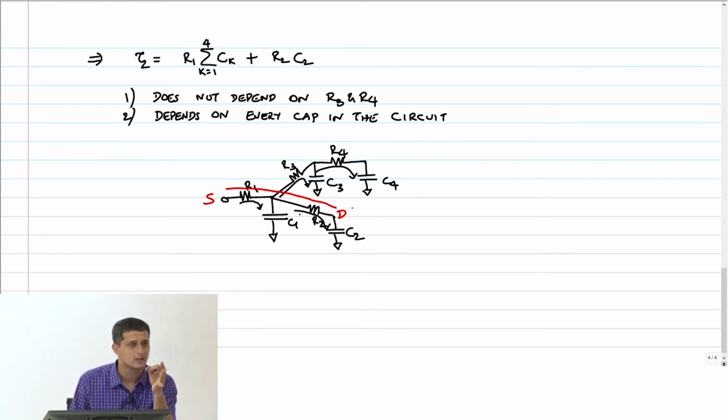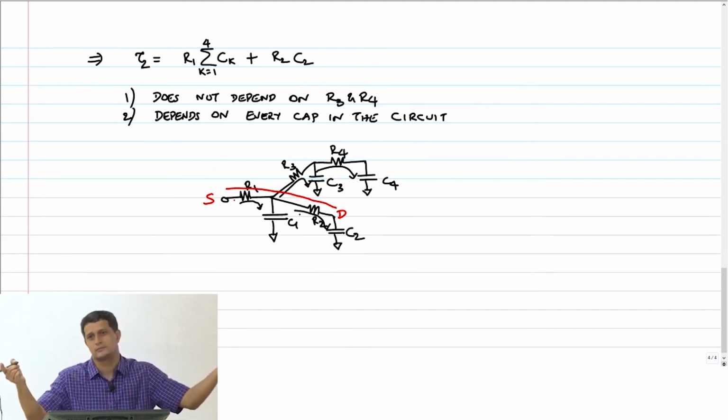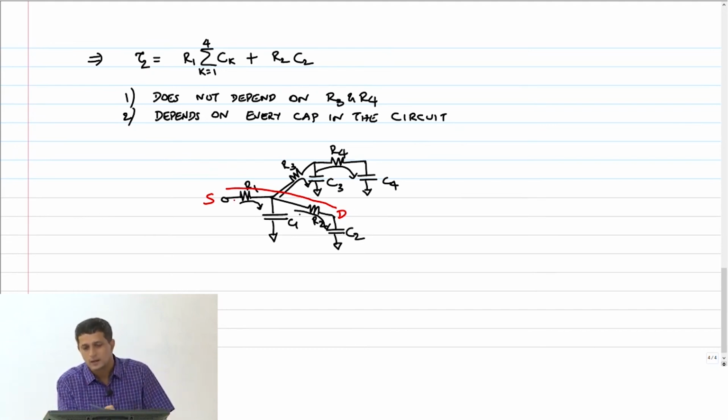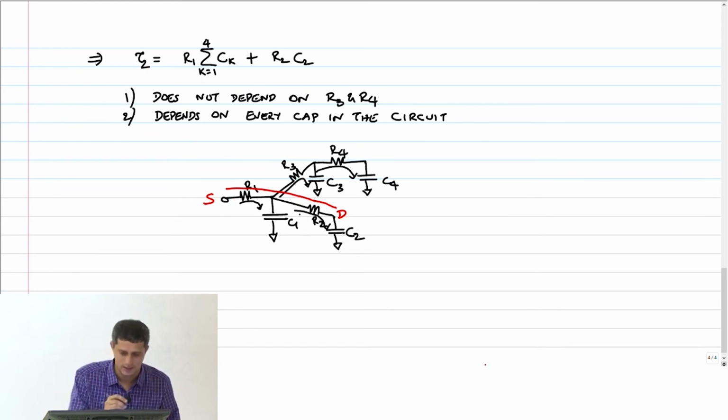So it depends only on the on path resistances. Why is that? Because the current through R1 happens to be the sum of all the currents, right? But R2 is basically just the current through C2, right? So that's why it depends on all the capacitors. Anyway, let's do that.